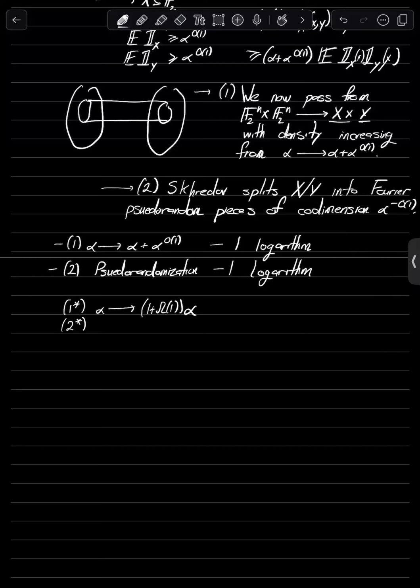And for our second step, we have pseudo-randomization, which, instead of costing codimension that is polynomial in the density, only costs logarithmically in the codimension. It turns out if you just work through the recursion, this gives the quasi-polynomial bounds I claimed.